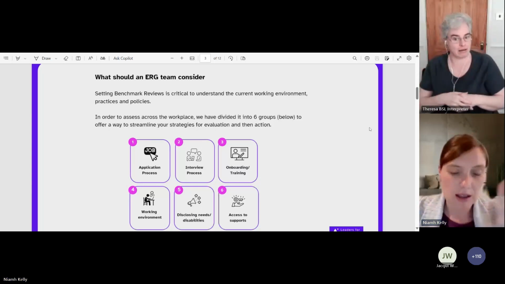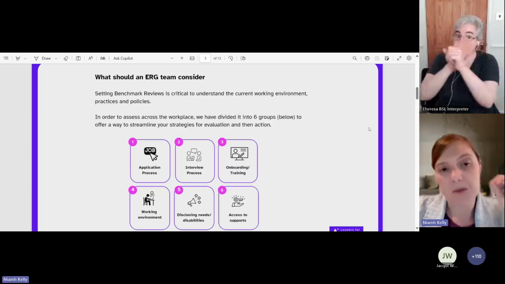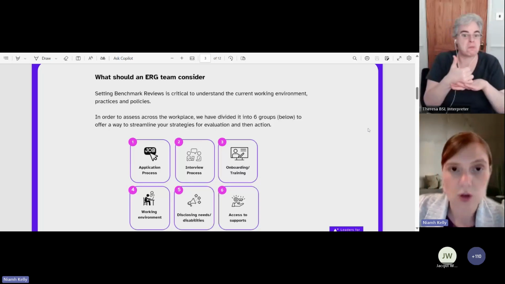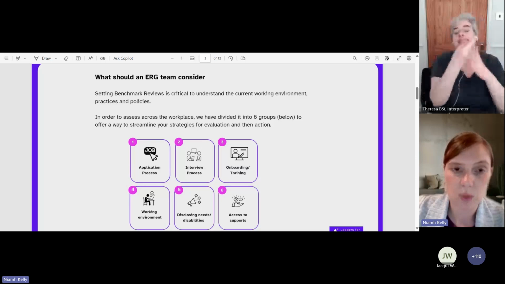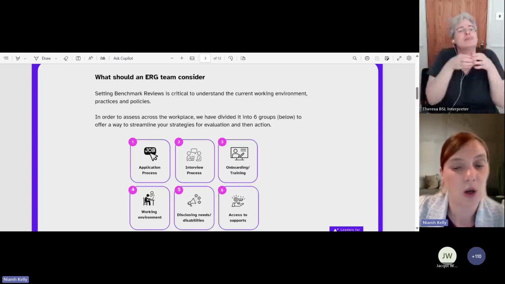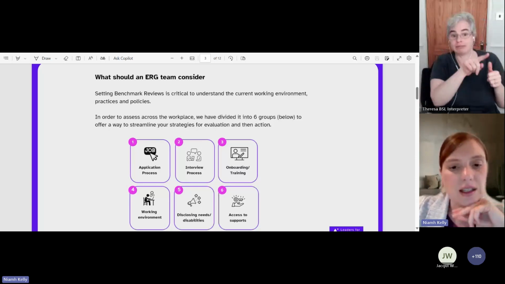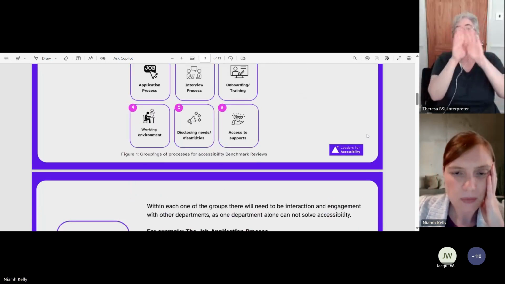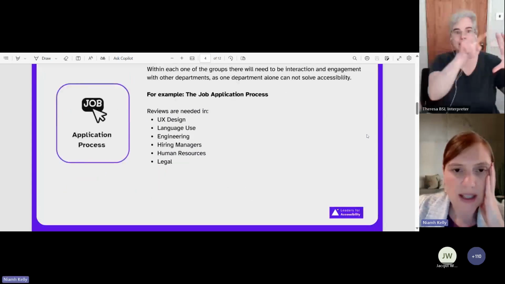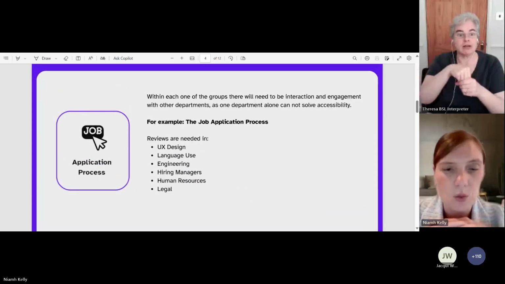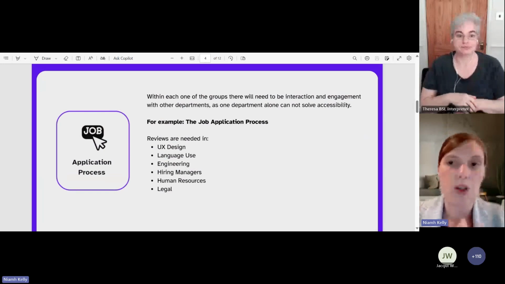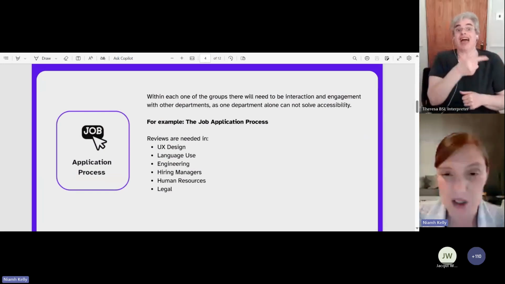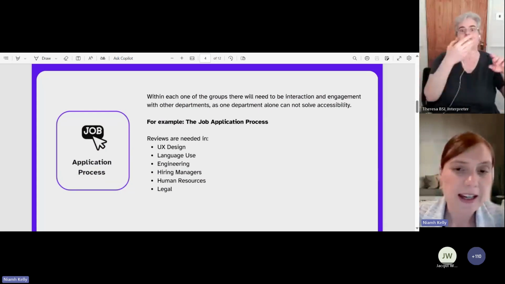So if you're getting set up with an ERG group on disability inclusion within your company, or you're a smaller company and you want to just look at this, these 6 areas are really good overarching areas to look at. But what I would say is, within the ERG group, let's say your company could have 1,000 people, but there's only 5 people in the resource group.